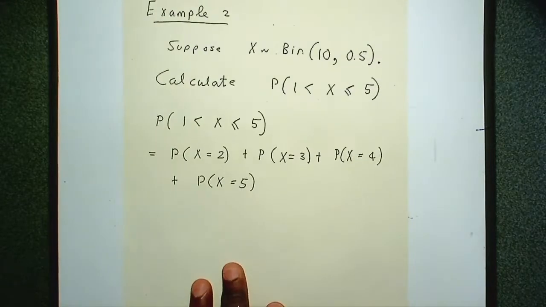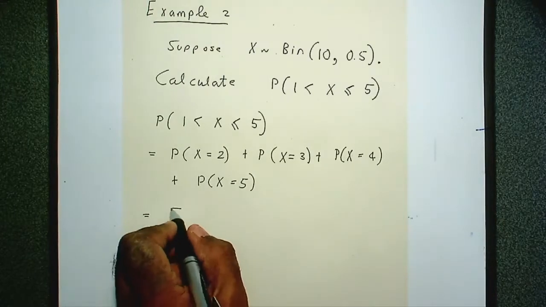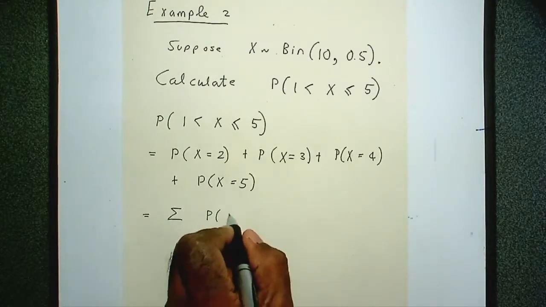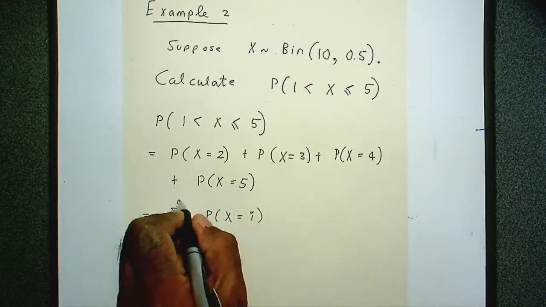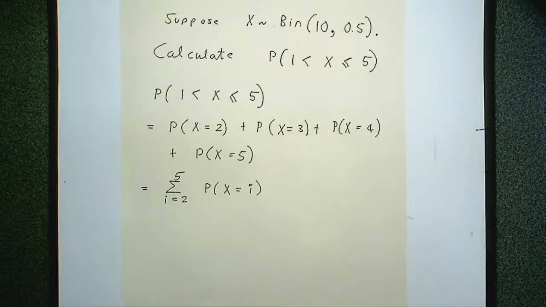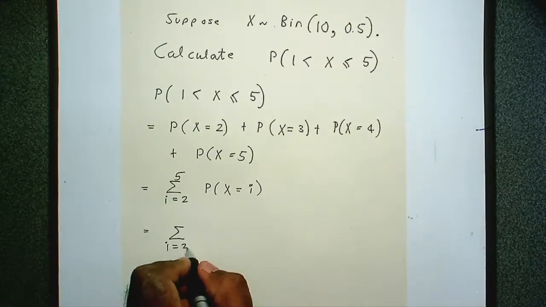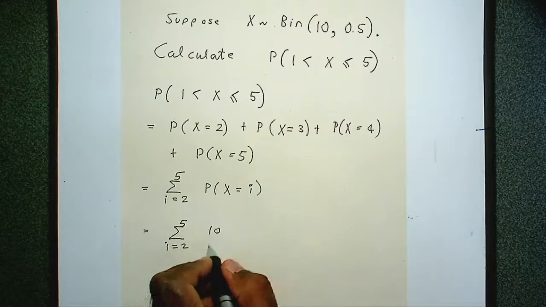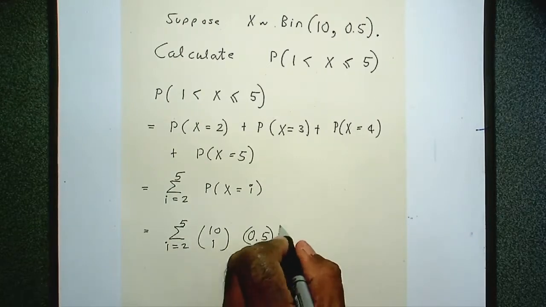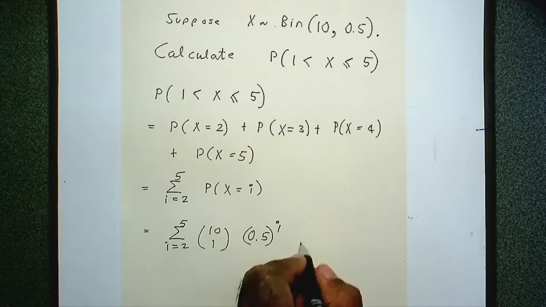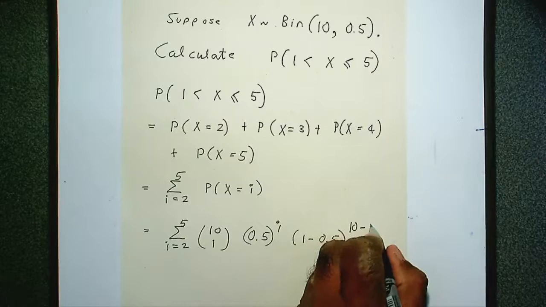You with me, guys? So you can write this as the sum over i from 2 to 5 of the probability that x equals i. And this you can write as 10 choose i, 0.5 to the power i, 1 minus 0.5 to the power 10 minus i.